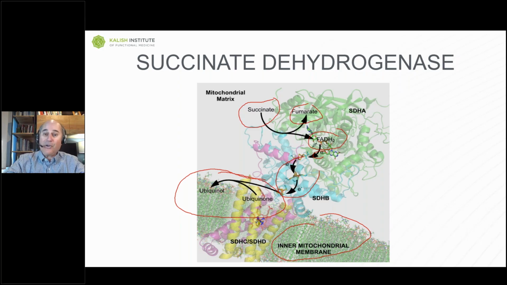And how are you going to know if B2 and CoQ10 are screwed up? Because succinate is going to go high on the organic acids test. Why? Because it's not converting over to fumarate. If this is blocked, your fumarate levels are going to be low or low normal, and your succinate is going to go high. It's just like if you're stuck in traffic.